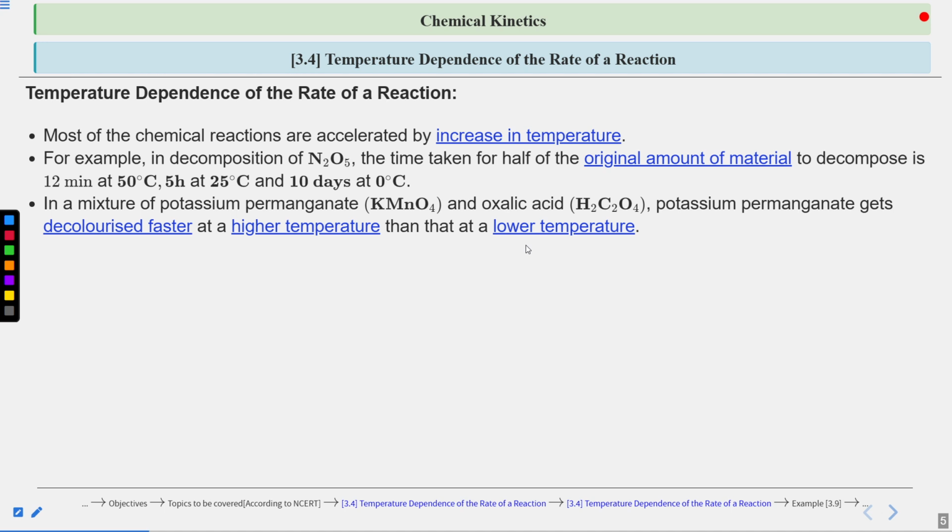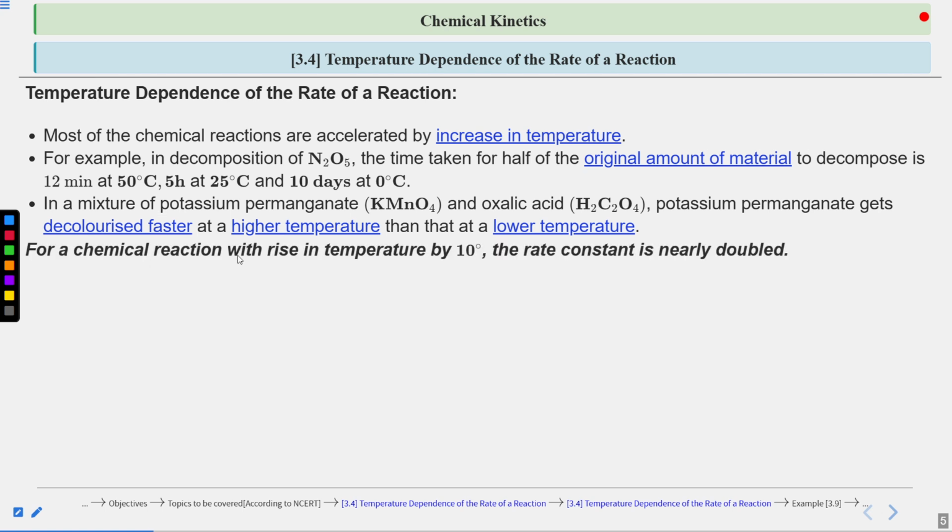You can also observe things in a chemical reaction by color change, like in the potassium permanganate and oxalic acid mixture. If you increase the temperature of this reaction, the decolorization happens faster compared with the decolorization at a lower temperature.